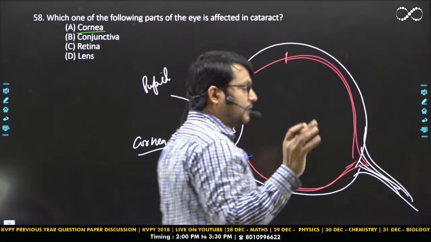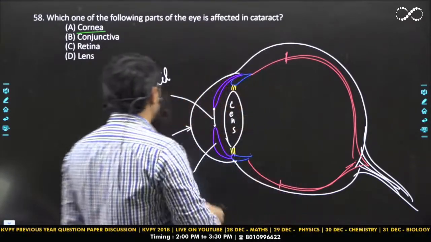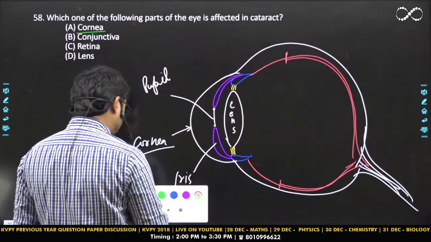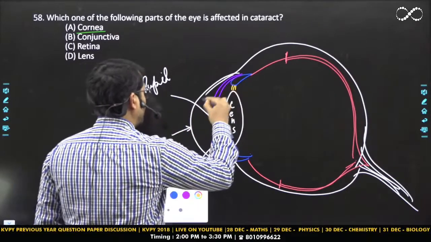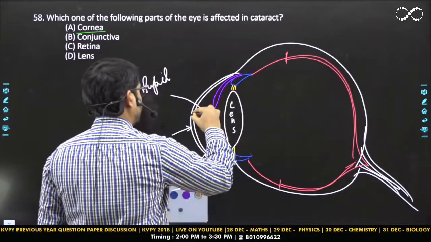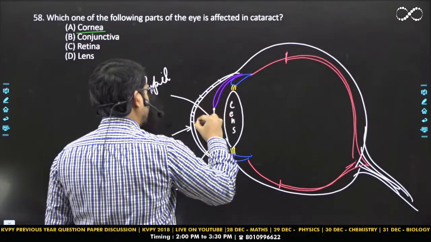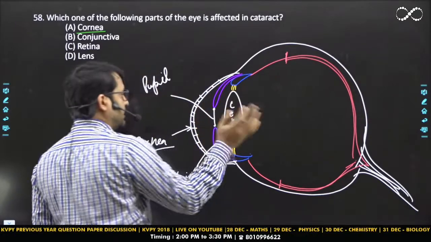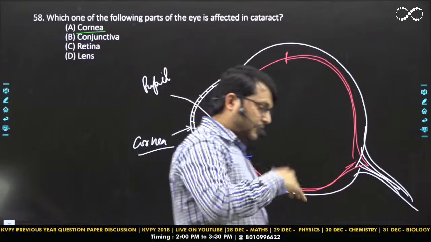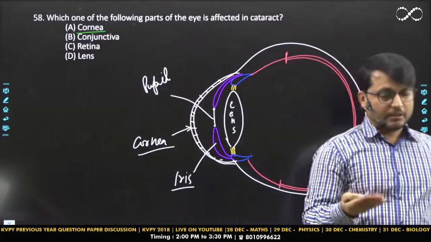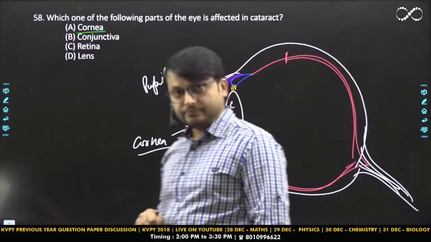But lens में clouding नहीं होती अखिल. It is here in the corneal layers. यहाँ के cells जो हैं, इनमें clouding होती है. Lens में clouding नहीं होती है, right? Therefore, by treating the cornea, you can treat the person of cataract.